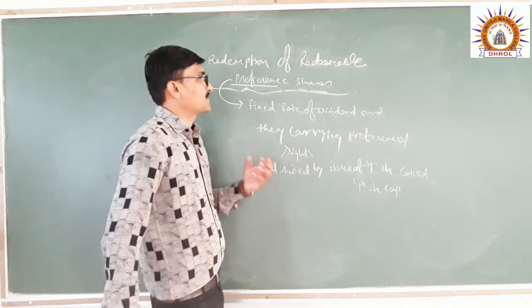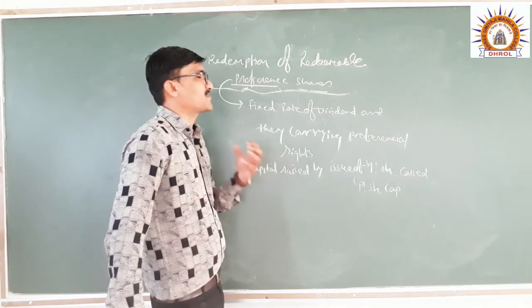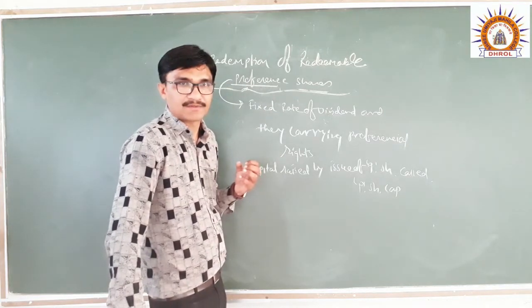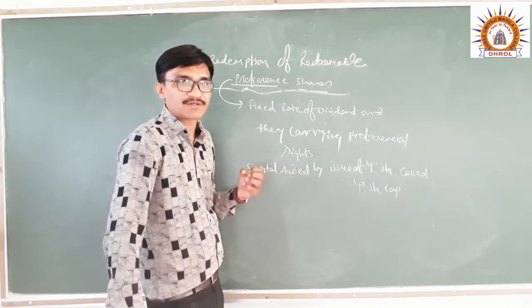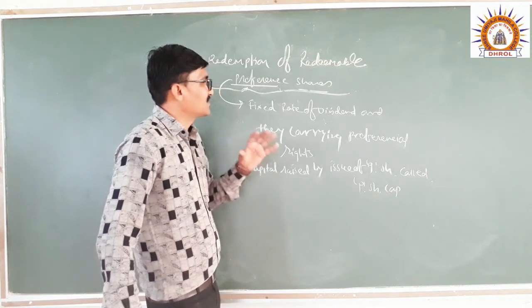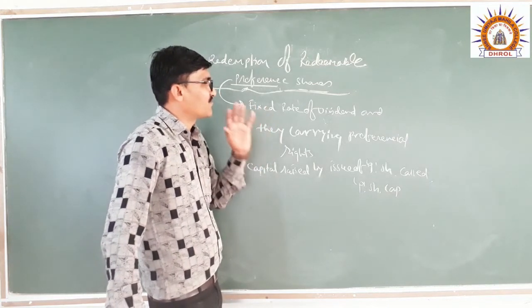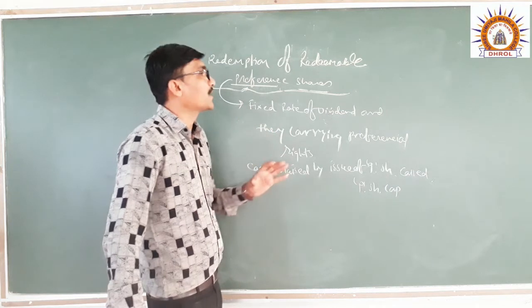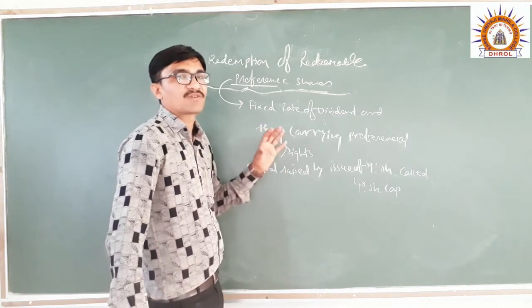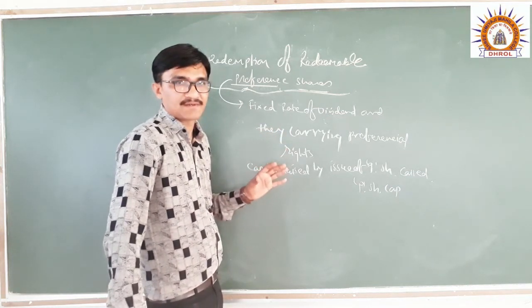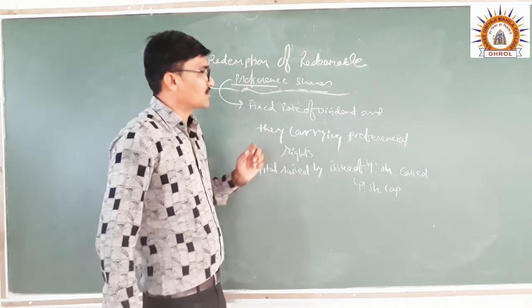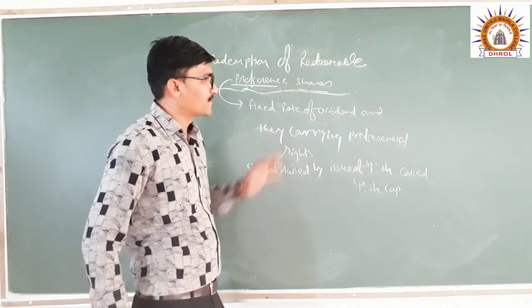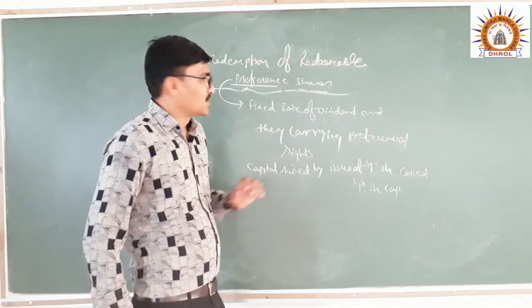For that purpose, the company requires the permission of court. So these are the basic theory of redemption of redeemable preference shares. There are more theories regarding this chapter.